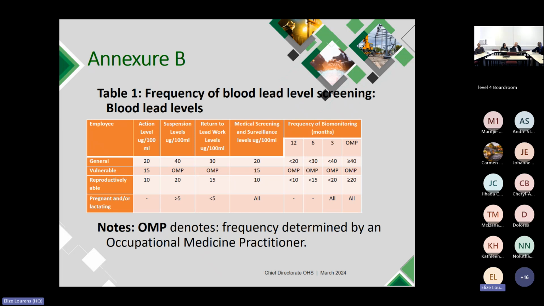Then the suspension level, when we expect employees to be removed from lead work. Then the level where they may return to lead work, the medical screening levels, and then the frequency of biomonitoring, and that is provided for in months. And for some of them, especially vulnerable employees, the frequency is left to the determination of the occupational medical practitioner as to when those need to be done.